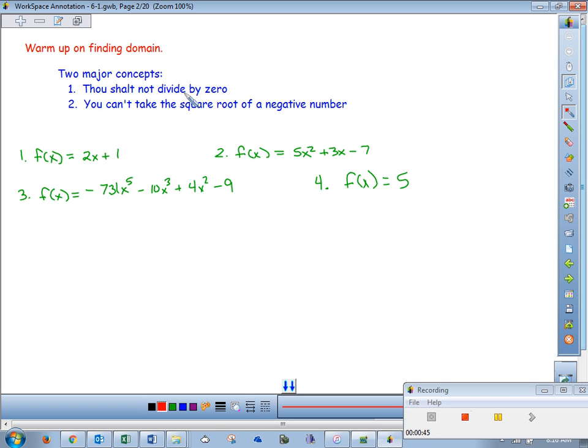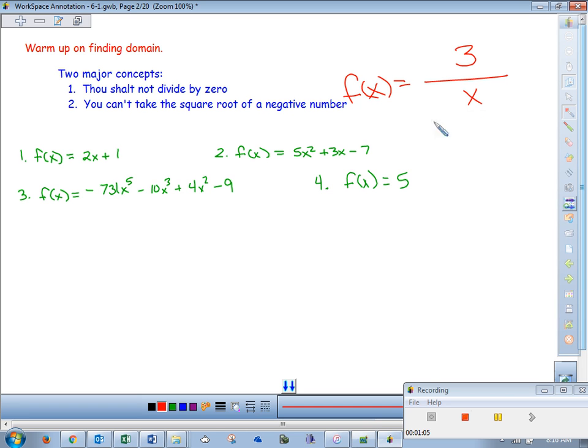The rule number one in math is you're not supposed to divide by 0. So if you see x's in the denominator of a fraction, that's a bad situation. You're going to have some numbers that don't work. For example, if you had f of x equals 3 over x, since x is downstairs in the denominator, are there any numbers that you could put in for x that would give you 0 in the denominator?